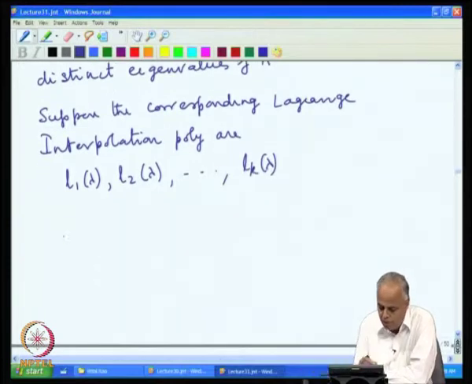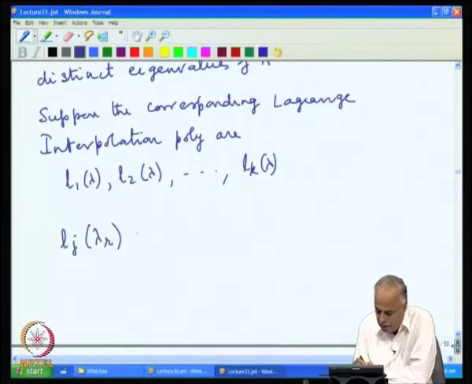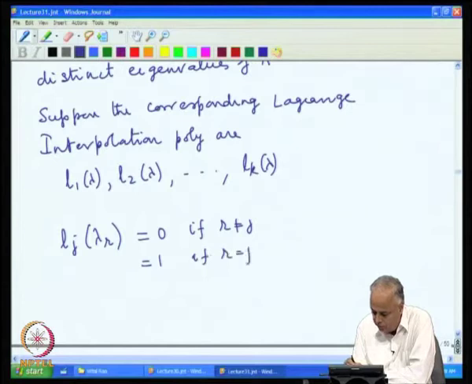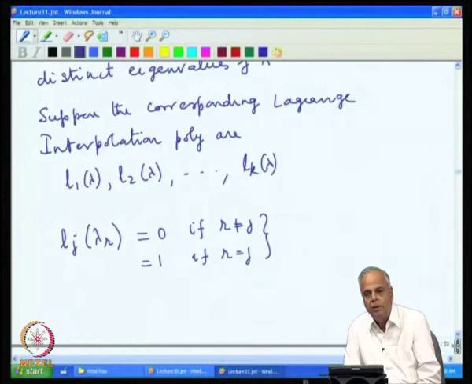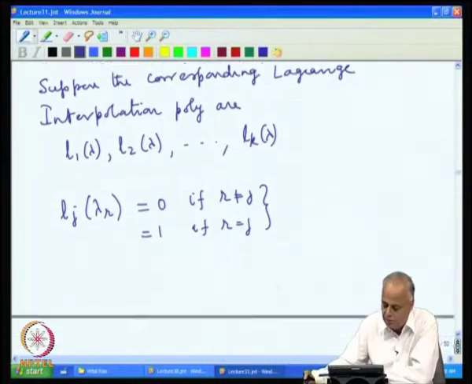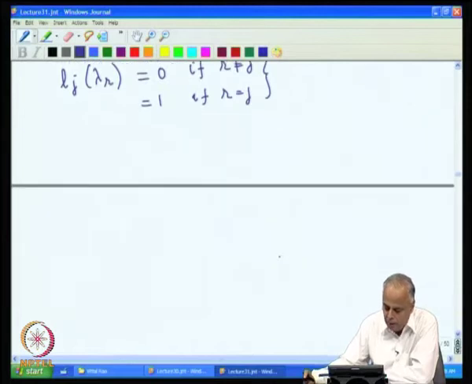Then what do we know about them? Remember, Lj lambda r is 0 if r is not equal to j and equal to 1 if r equal to j. This is the characteristic property of the Lagrange interpolation polynomial. The jth polynomial lights up at the jth eigenvalue. Now, we have these k distinct eigenvalues.